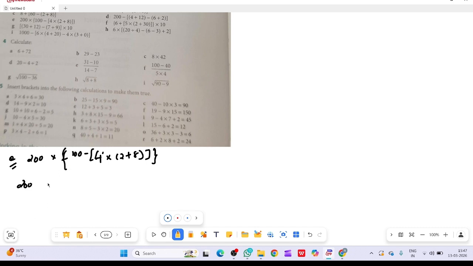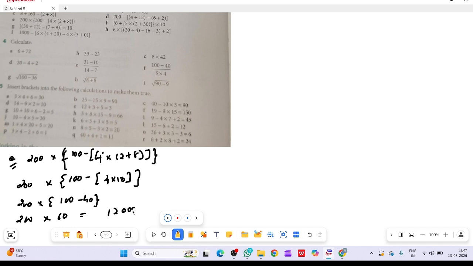So 200 multiplied by, keep this 100 as it is, keep this bracket as it is, 4 multiplied by 10, then 200 multiplied by 100 minus 40, then 200 multiplied by what? This is 60, which is equal to 1, 2 and 3 zeros. So it is nothing but 12,000.